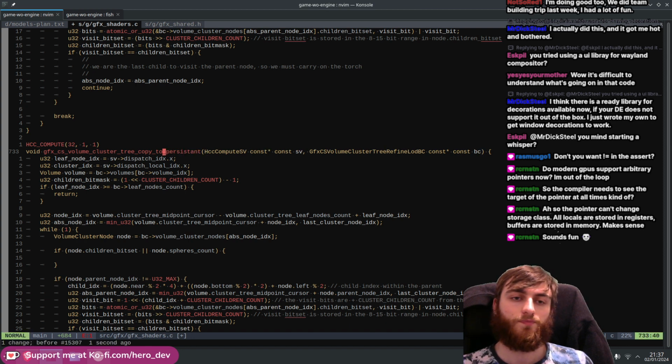Or, so essentially you're taking the nodes that you want to keep. Copy to destination or to persistent.